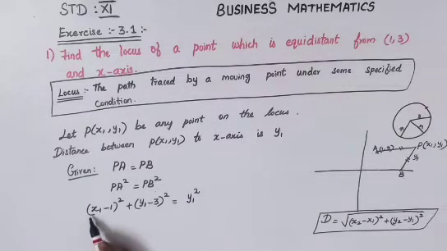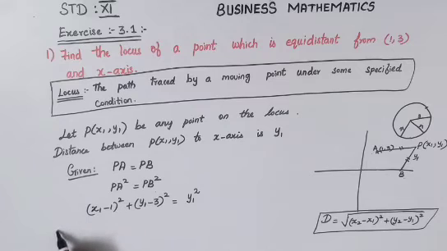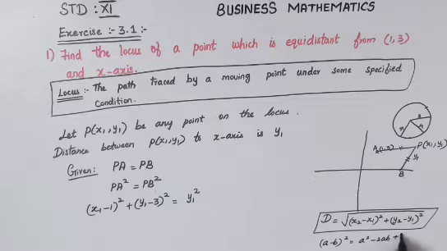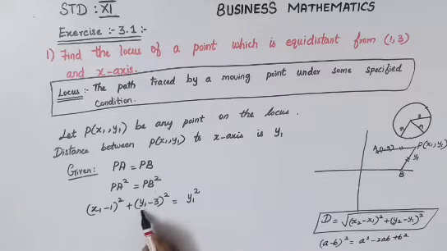Now expanding using the formula (A minus B) the whole square equals A square minus 2AB plus B square. You can use the same formula here also because minus is there.